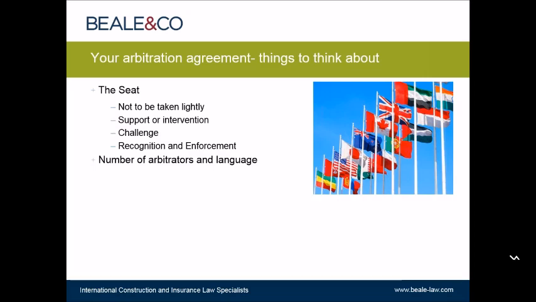You will also want to consider how an award can be challenged at the seat. The arbitration award can only be set aside or annulled in the courts of the seat of arbitration. Pro-arbitration jurisdictions tend to limit the party's ability to challenge an award, ensuring that the arbitration process remains as final as is possible.